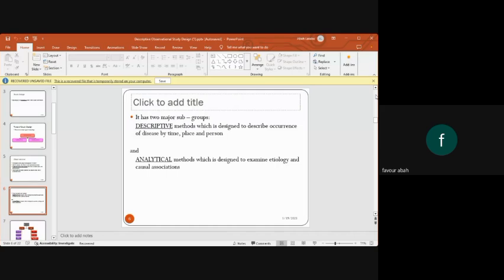For descriptive, it helps you come up with hypotheses. Remember, we talked about hypothesis, the null and the alternative hypothesis. So when you use a descriptive research design, which we're going to be looking at, you begin to come up with hypotheses, educated guesses that you will now have to test in further research.